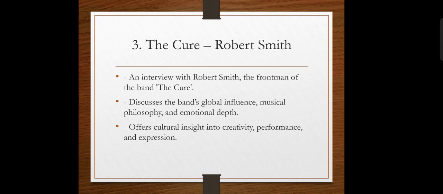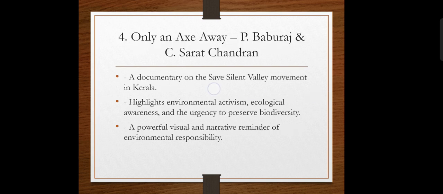Smith talks about his band's evolution, their emotional themes, and how their music resonates across cultures. His ideas reflect how music becomes a form of emotional science, tracking emotional frequencies and the rhythm of feeling. So he considers music as something scientific which has a proper tracking pattern.